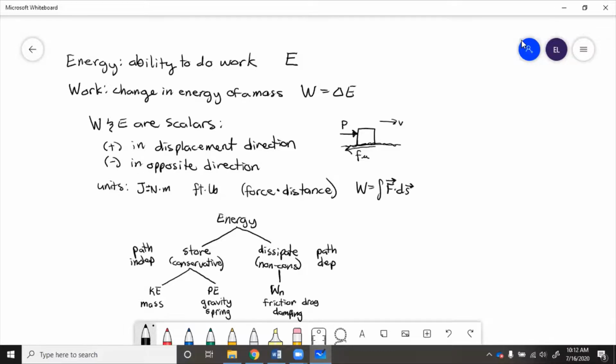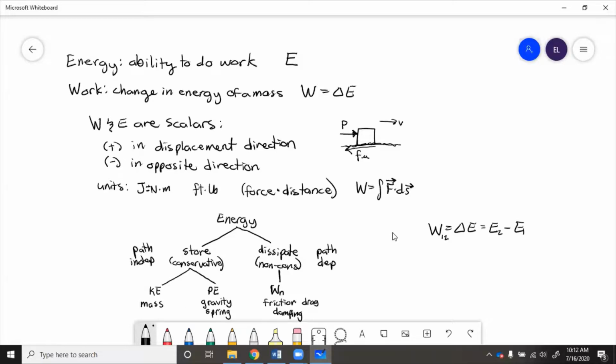Now, if we look at how you actually apply these principles, since work equals the change in energy, then the work from state 1 to state 2 equals the energy at state 2 minus the energy at state 1.